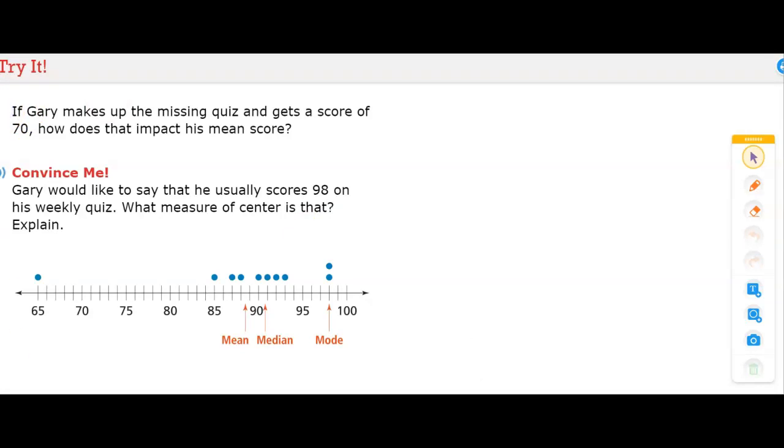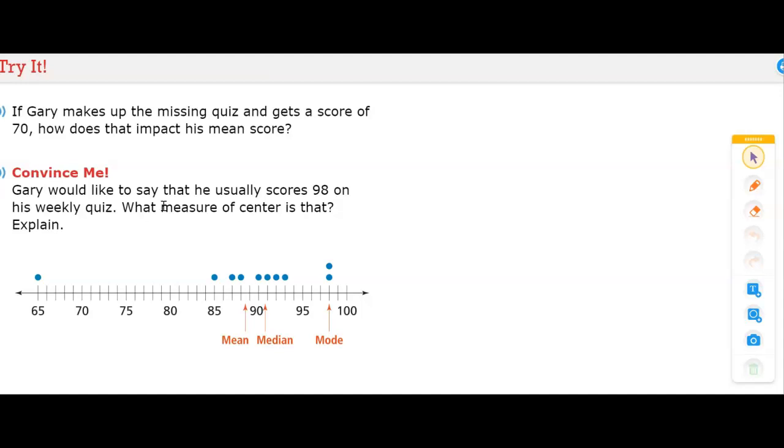If Gary makes up the missing quiz and gets a score of 70, how does that impact his mean score? So you would take the data of his test. We already found the mean in the first part of the example, and that mean was 88 7/10.